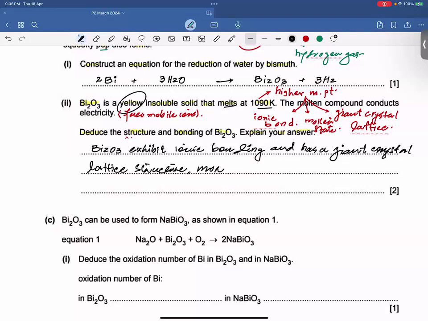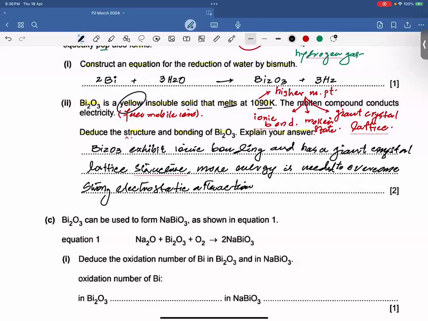So more energy is needed to overcome the strong electrostatic attraction, so it has a high melting point.